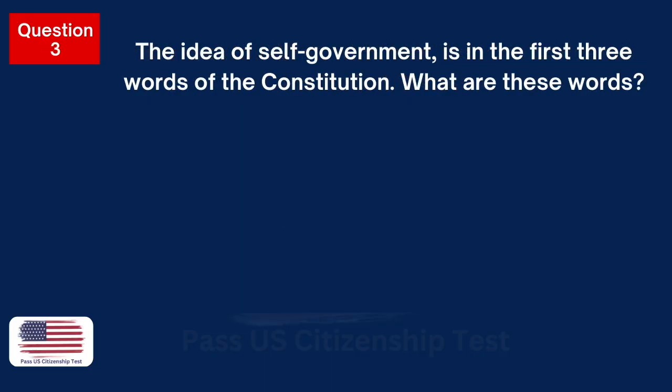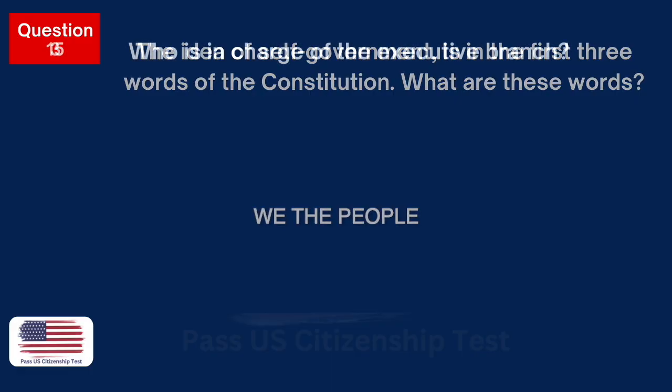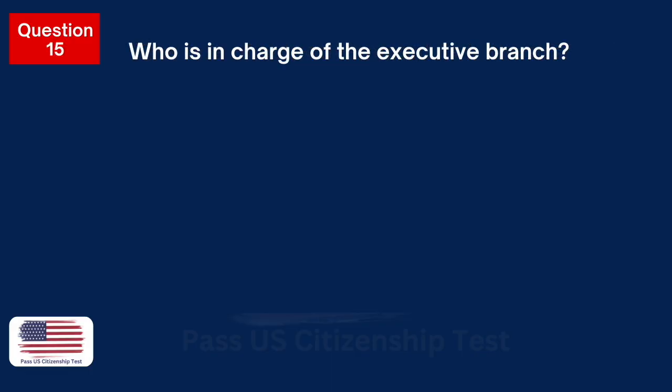The idea of self-government is in the first 3 words of the Constitution. What are these words? We the people. Who is in charge of the executive branch?